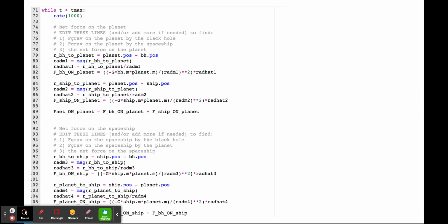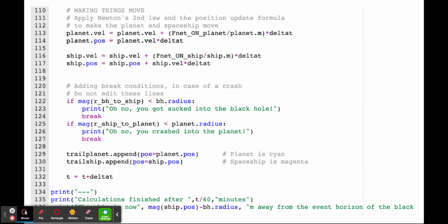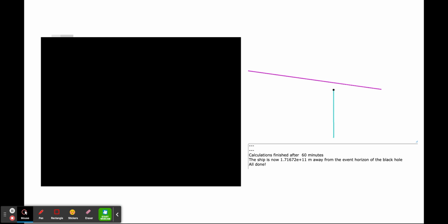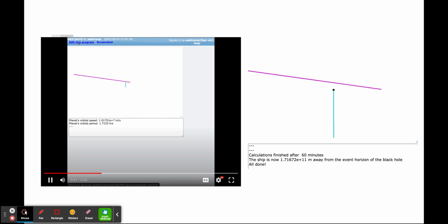I then found the F net force on the planet using the gravitational force equation as listed, and found F net on the planet and on the ship. I then calculated the final velocity and final position of both the planet and the ship by putting in these equations. And finally, this was successful because there was no collision between the two objects.